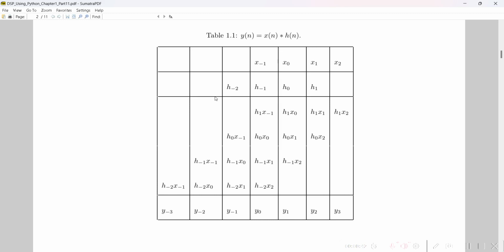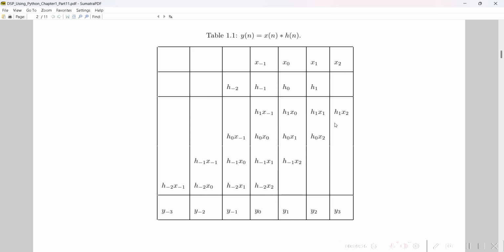The smallest indices: minus 1 plus minus 2 will be minus 3. So the output will appear from y of minus 3 up to y3. Then fill the other columns. So up to here, the first, second, and last rows have been completed.